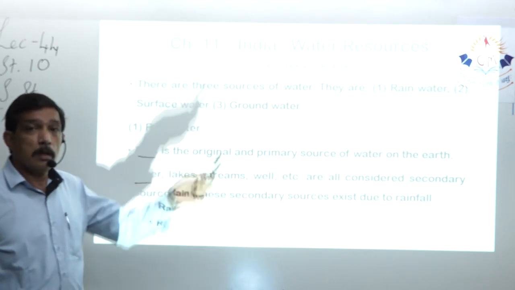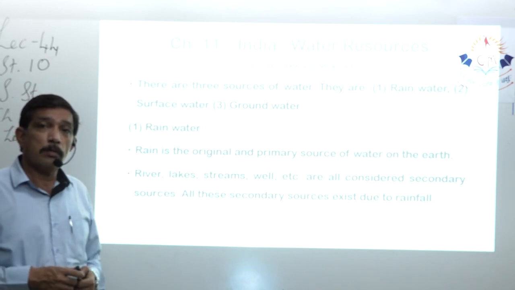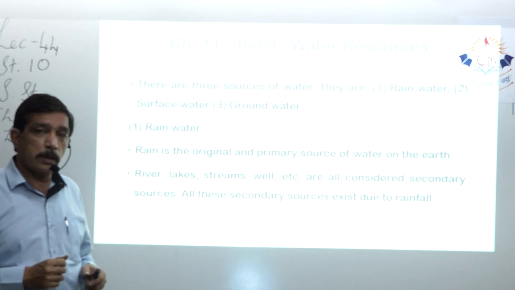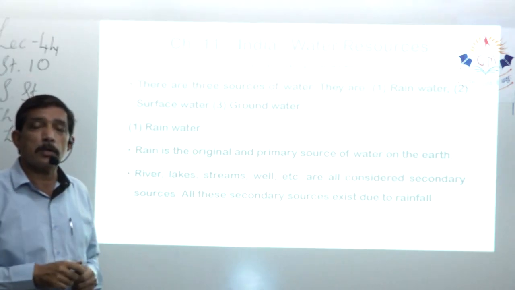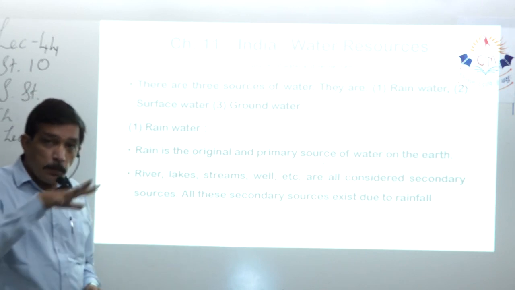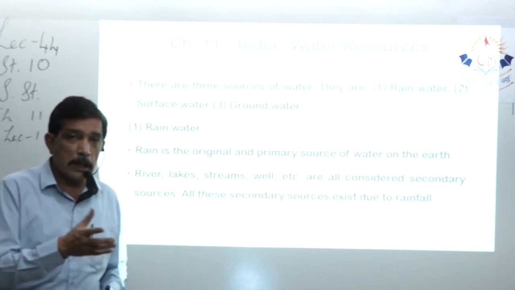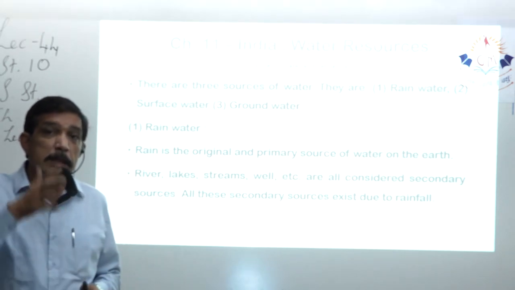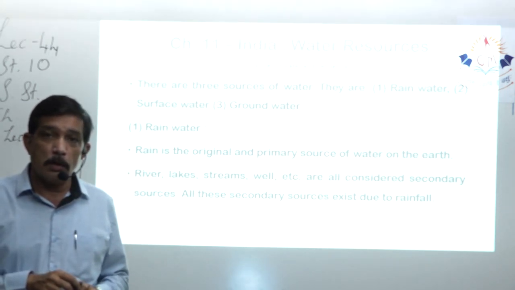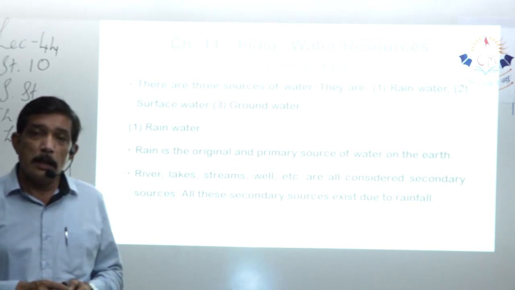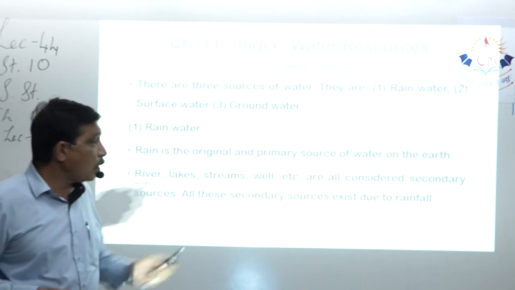When rain comes down, in all the areas that water is falling, it gets collected in that river and it flows on the top of the surface of the earth. So rivers, lakes, depressions on earth. What are lakes? Lakes are depressions on earth which get filled in by rainwater, or they can be filled up by a river also. Then that is also surface water.